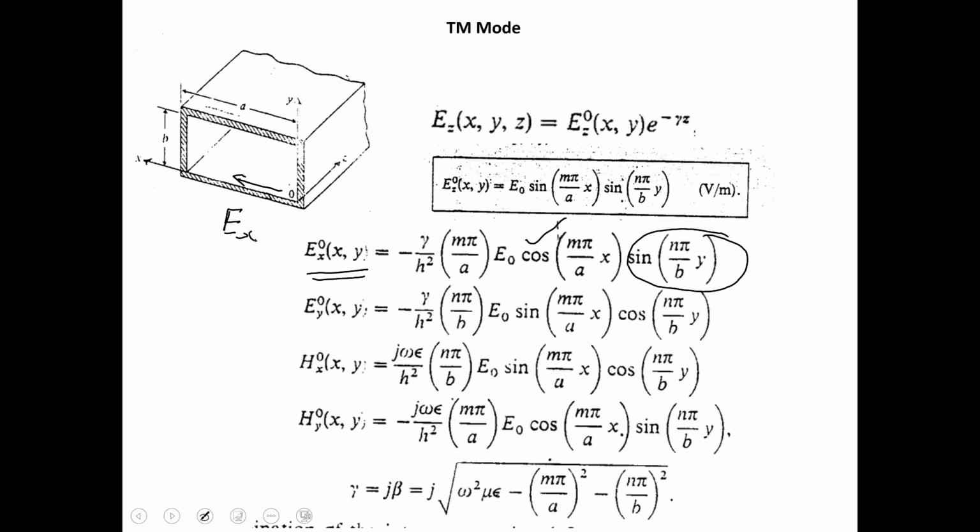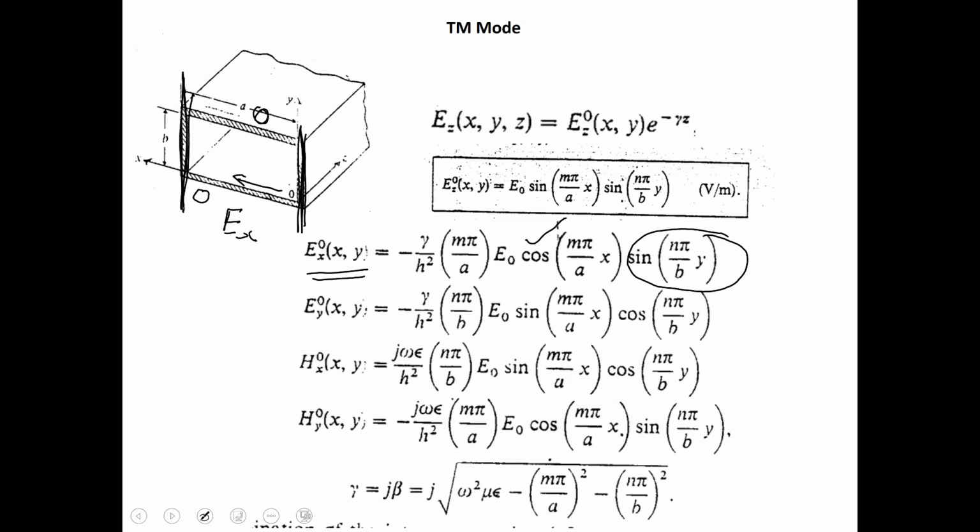So this field is parallel to the boundary conditions in the y. It's parallel. So this field has to be 0 here. This field has to be 0 on the top. But this field is perpendicular to the boundary condition on the side walls.